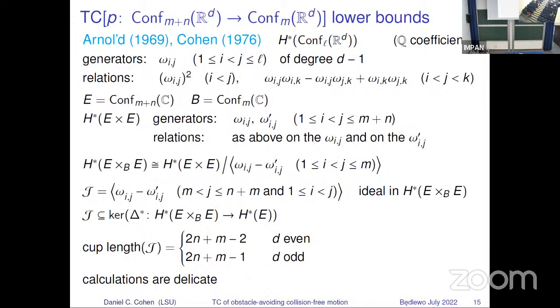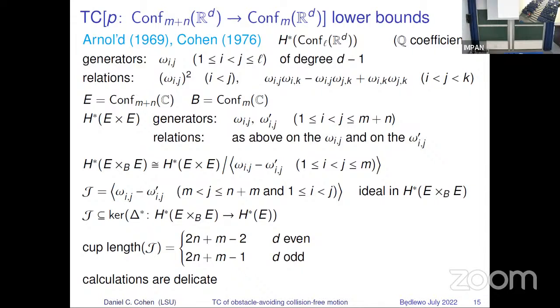So you have generators corresponding to the first E, as Arnold and Cohen described, and then generators which I'll call omega primes corresponding to the second E. And the relations are what you guess. You have the relations on the omegas and on the omega primes.